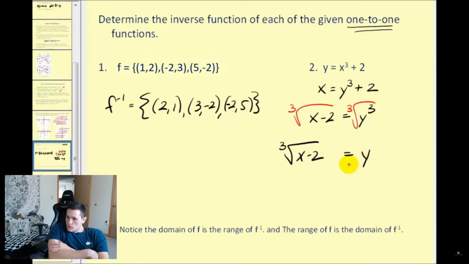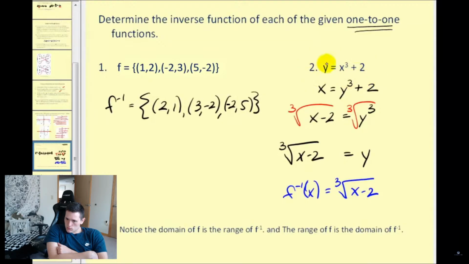Now the last step is to replace this y with our inverse function notation. So we'll have f inverse of x is equal to the cube root of x minus 2. And to be consistent, let's go ahead and rewrite our original equation in function notation. And this would have been f of x equals x cubed plus 2.